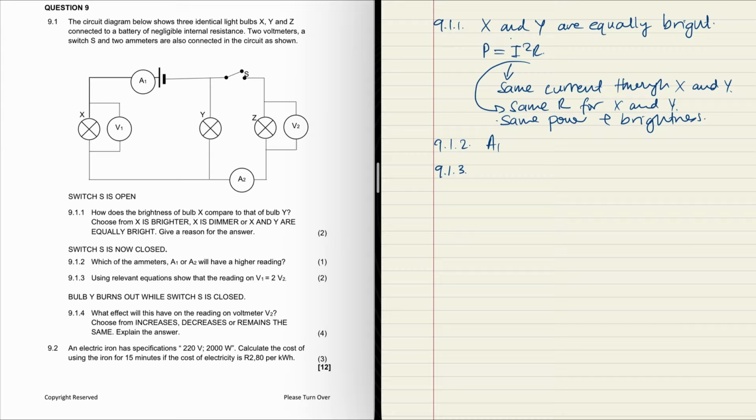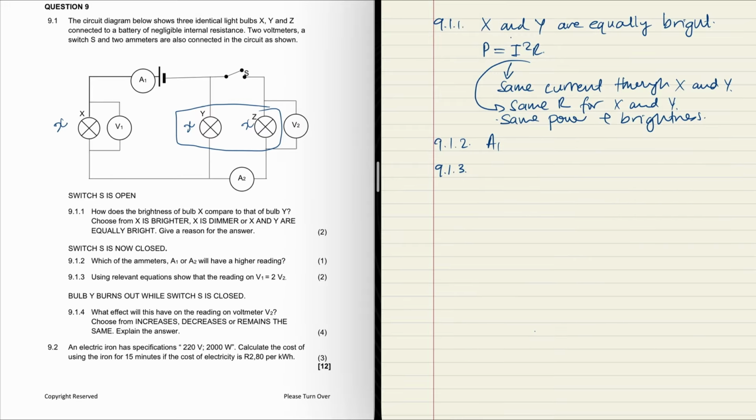Okay, so all we need to do here is let's allocate values. So if this resistance is X, this resistance will also be X, and this resistance will also be X. But these two are connected in parallel. So the effective resistance of the parallel branch is going to be Rp equals R1 R2 divided by R1 plus R2.